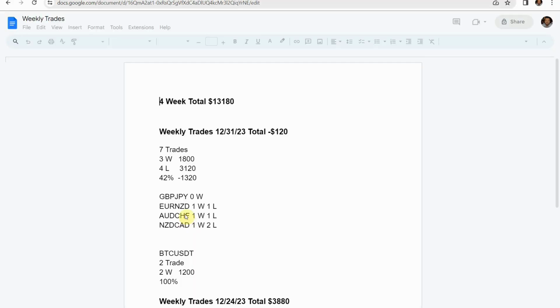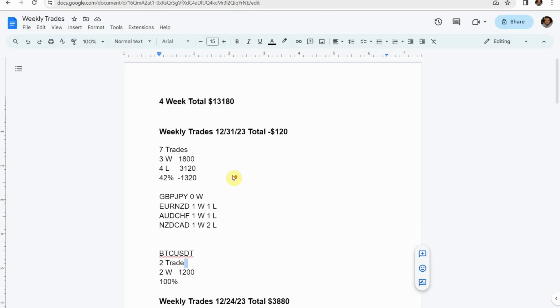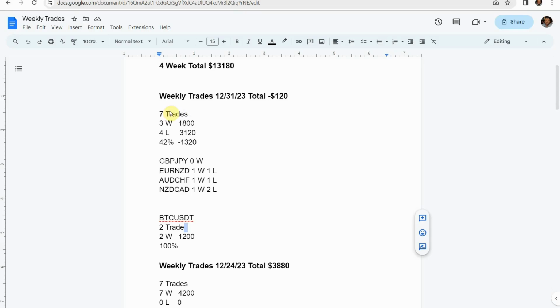Let's go ahead and go over the weekly trades. This is the signals that we get using the Academy of Forex strategy that I've mentioned a few times before. And it is with these 4 Forex pairs and this one crypto coin on the 30-minute time frame. Each week we are keeping track of each of the signals and then adding them up.